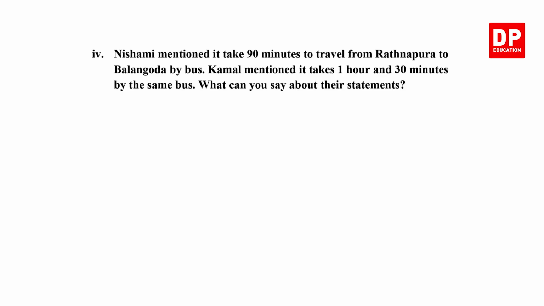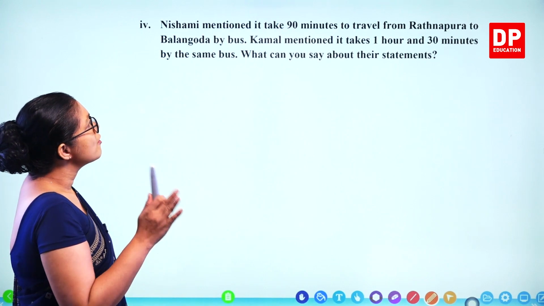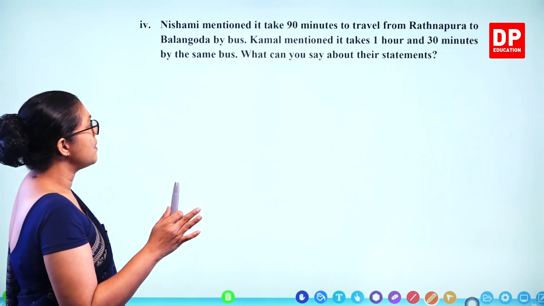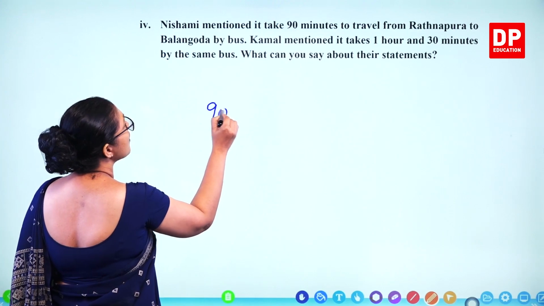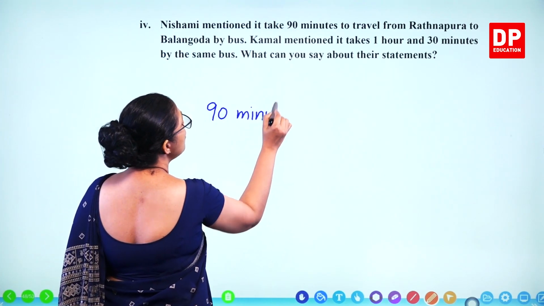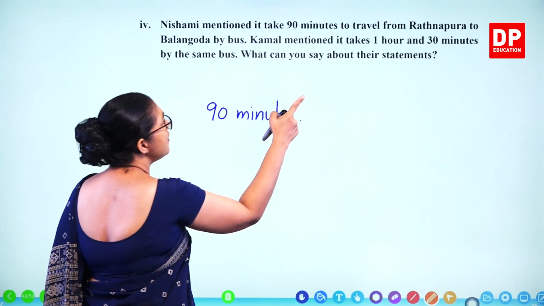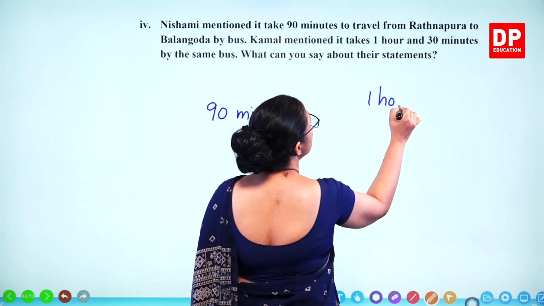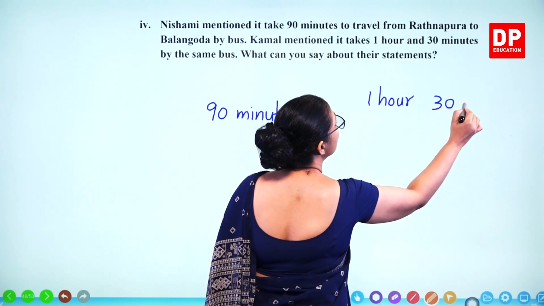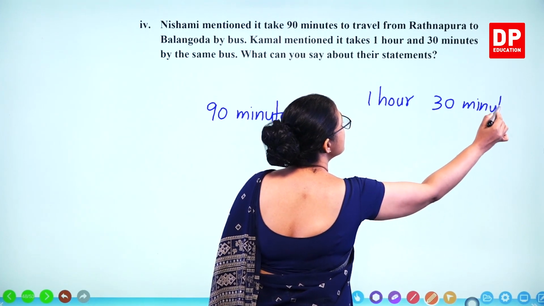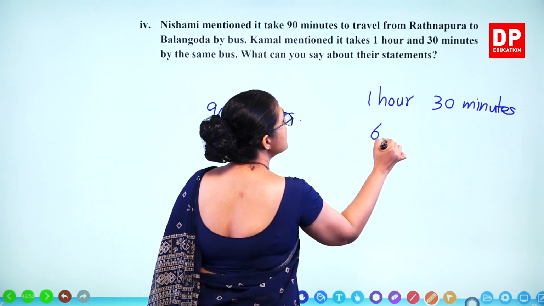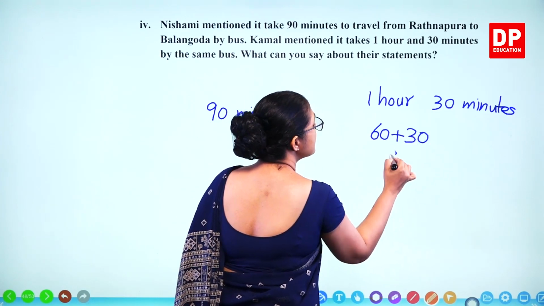Nishami mentioned it takes 90 minutes to travel from Ratnapura to Balangoda by bus. Kamal mentioned it takes 1 hour and 30 minutes by the same bus. What can you say about their statements? So 1 is given in minutes, 90 minutes. So we'll convert to the same units and see. 1 hour, 30 minutes. How many minutes are there? 1 hour means 60 minutes and 30, altogether that's 90 minutes.